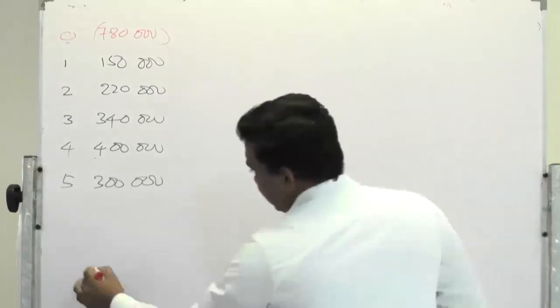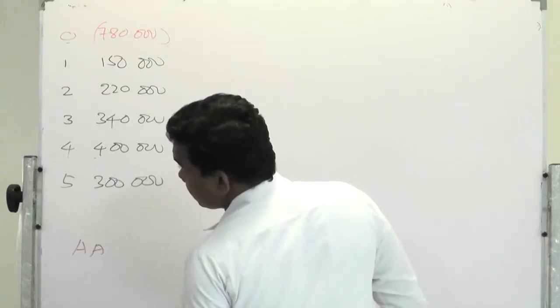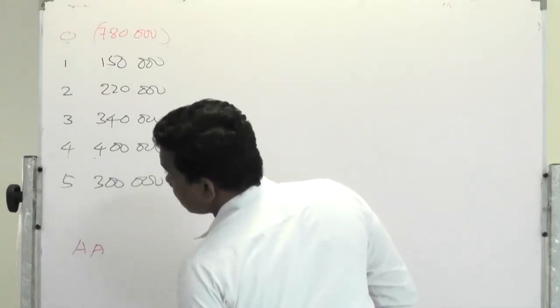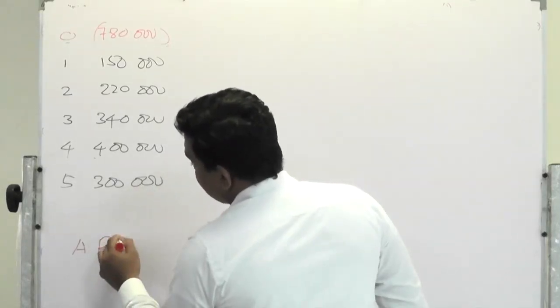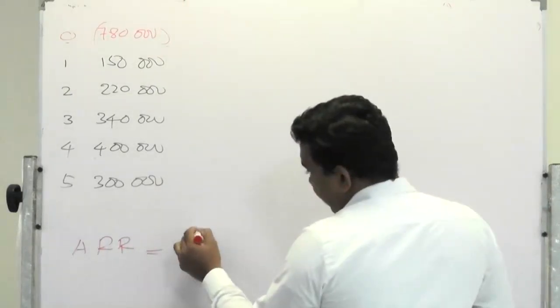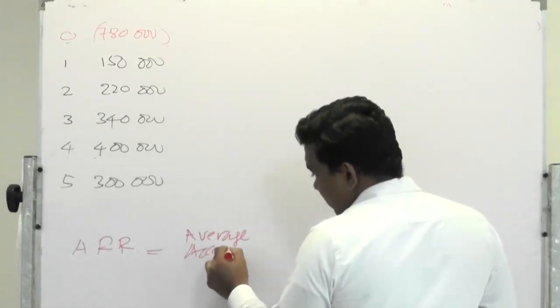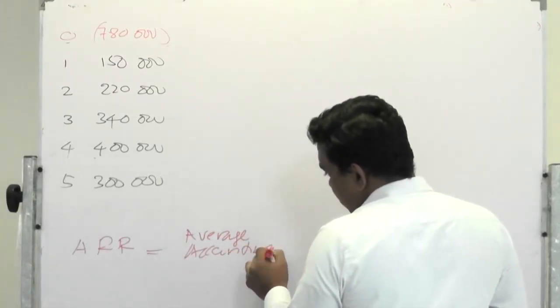The accounting rate of return, AAR, equals average accounting profit, not the cash flows, right?